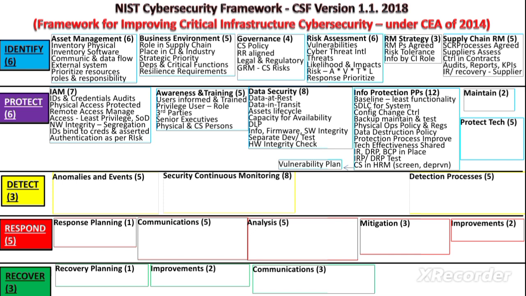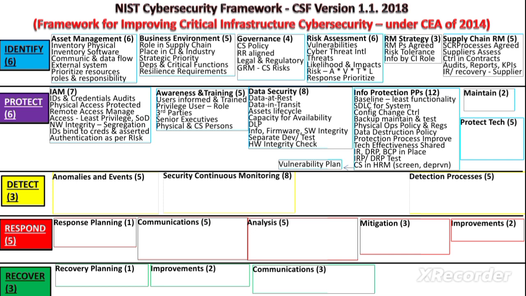And then you have to ensure the security in system development lifecycle, and you have to see the configuration change controls, and then you have to ensure that backups are taken and maintained and tested. And then the physical operational security is implemented, and also it is in accordance with the regulations which are applicable to these physical operations.